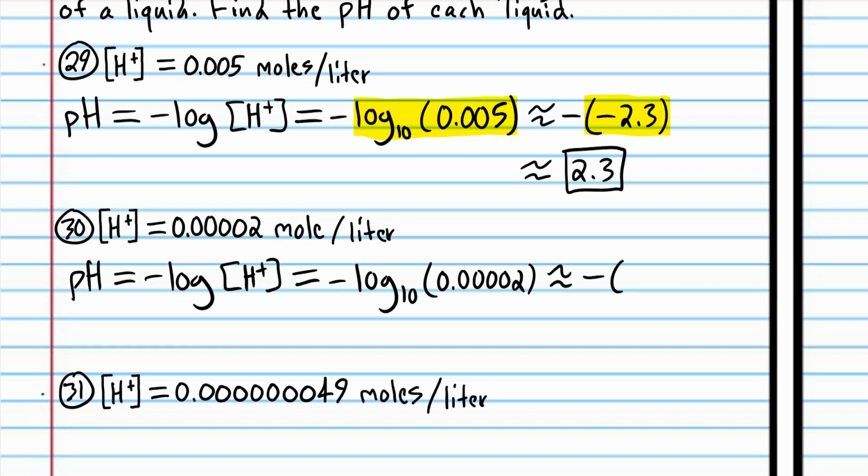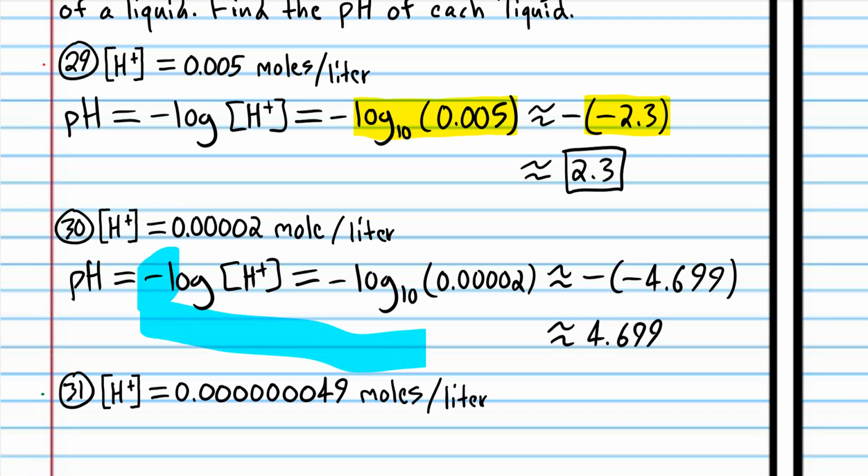And in my calculator, I'm going to enter 0.00002 and then the log base 10 button. And I'm going to round that. And it's a double negative, so it becomes positive 4.6999. Now again, the reason for that negative in front of the logarithm is so our final answer will be positive. We don't want to have to deal with the negative number when finding pH.